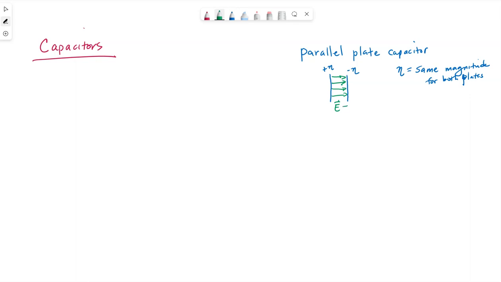We also already talked about the magnitude of the electric field being the surface charge density divided by epsilon naught. Okay, that is specific to a parallel plate capacitor.